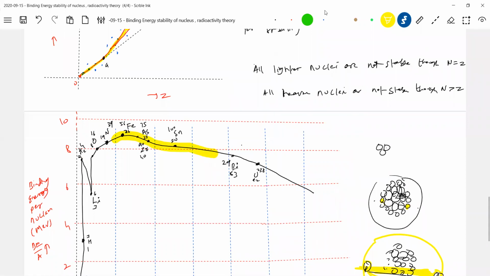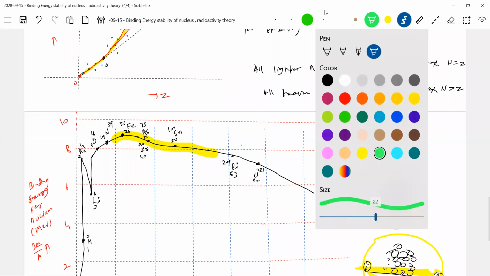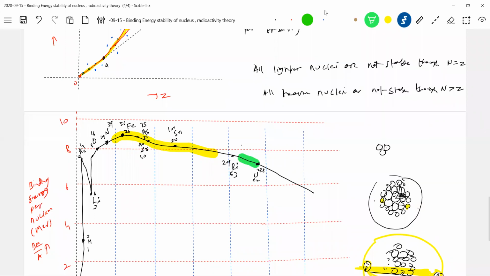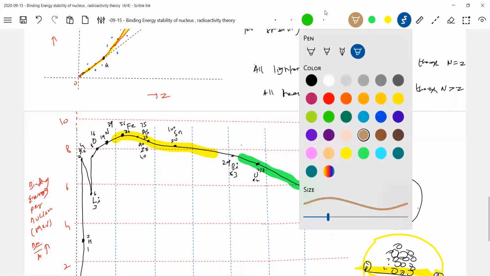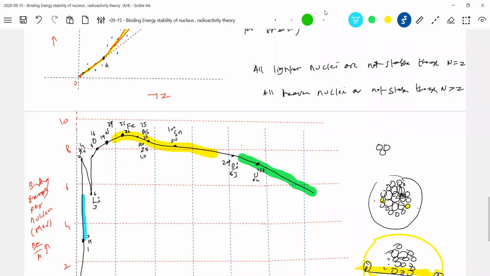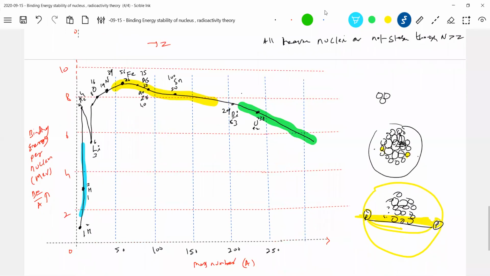Middleweight, these are, so we'll give names.